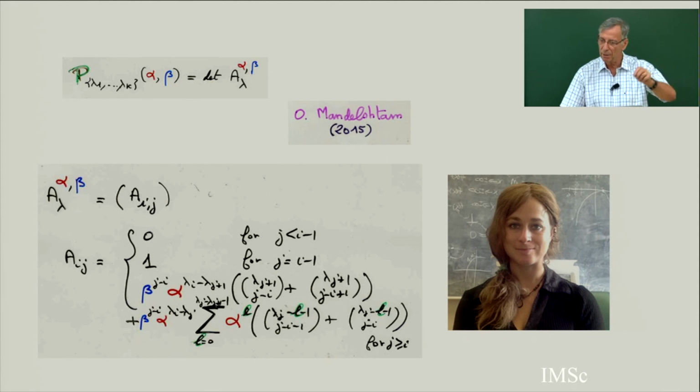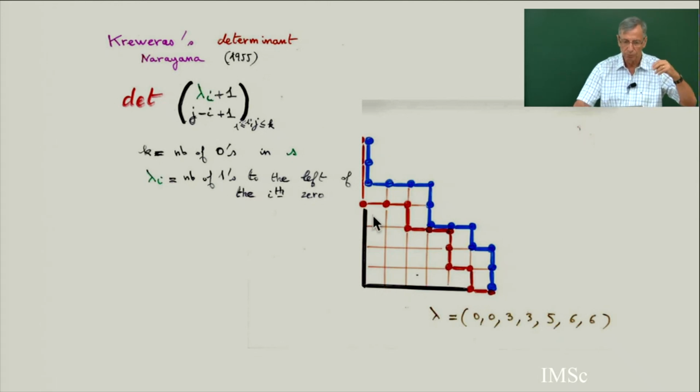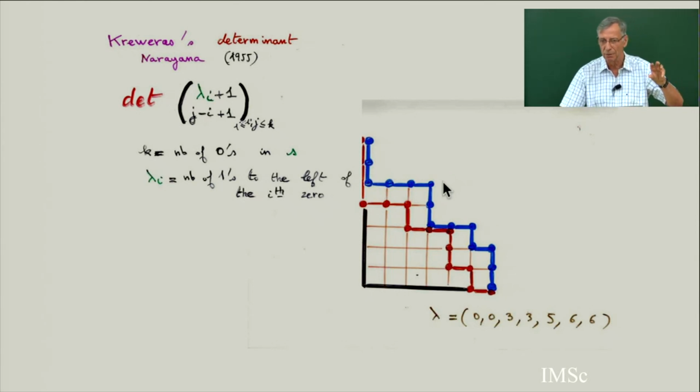If you have alpha equal to beta equal to 1, then this is the well-known Kreweras-Narayana determinant. In fact, it goes back to MacMahon: the number of Ferrers diagrams included in another Ferrers diagram, the number of pairs of two paths, is given by this determinant, where there are certain indices lambda i.